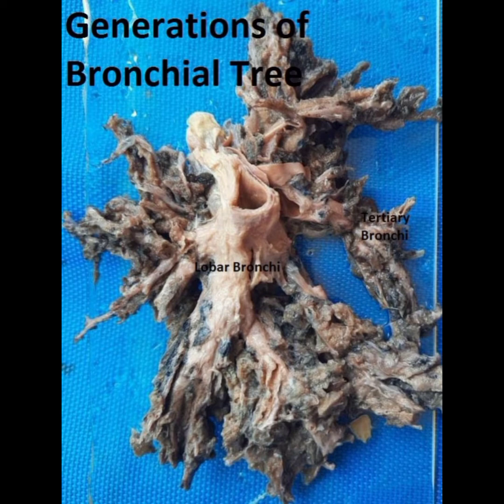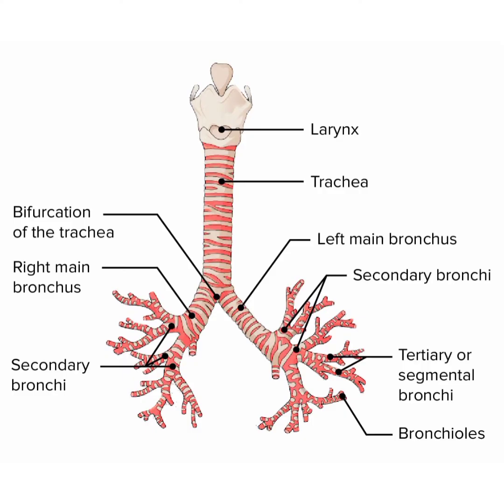After entering the lung, the principal bronchi course downwards and outwards, giving rise to 3 secondary bronchi in the right lung and 2 secondary bronchi in the left lung. And this supplies a pulmonary lobe. These lobar bronchi again divide into tertiary bronchi, which is otherwise called as segmental bronchi.